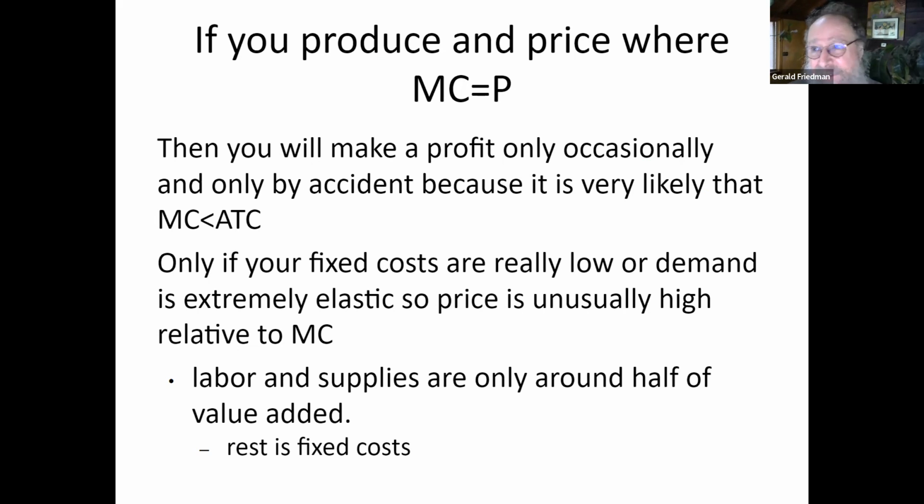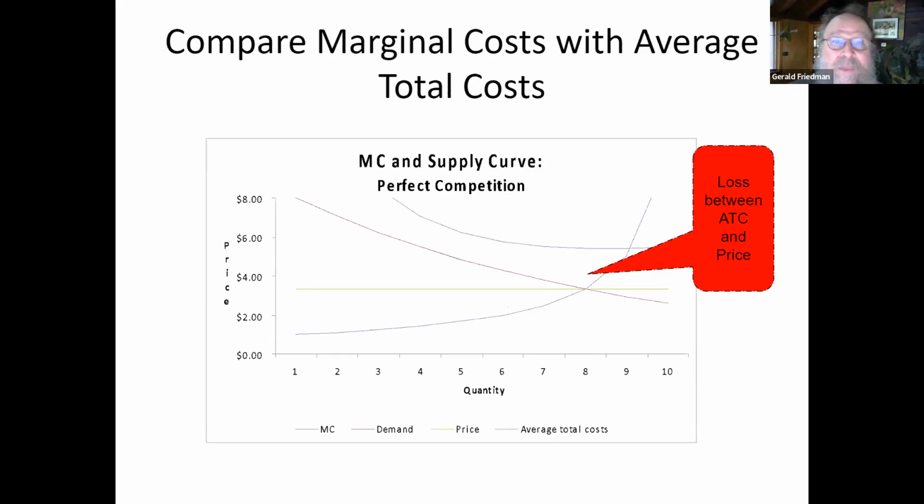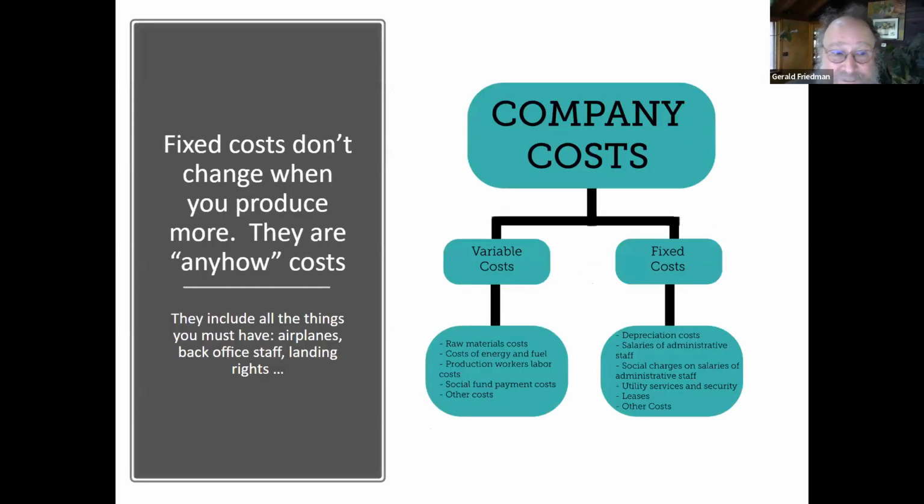It varies, some businesses more, but a lot of businesses less. Okay, so compare marginal cost with average total cost. You may be in a situation where your price will be such that your marginal cost seems okay, but your average total costs are going to be higher.